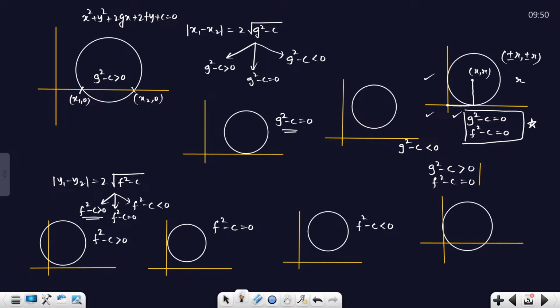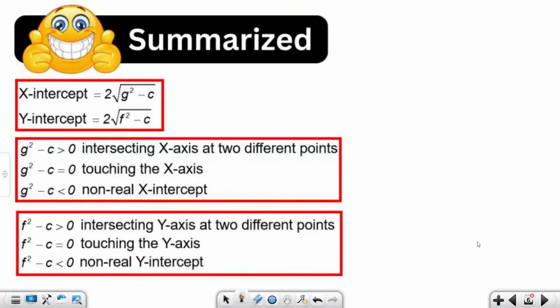Okay? So I have simply summarized whatever I have said so far: your x-intercept is 2 root over g square minus c, as I told you. The y-intercept is given exactly the same way. When g square minus c is greater than 0, it is intersecting the x-axis at 2 different points. When it is equal to 0, it is touching the x-axis.